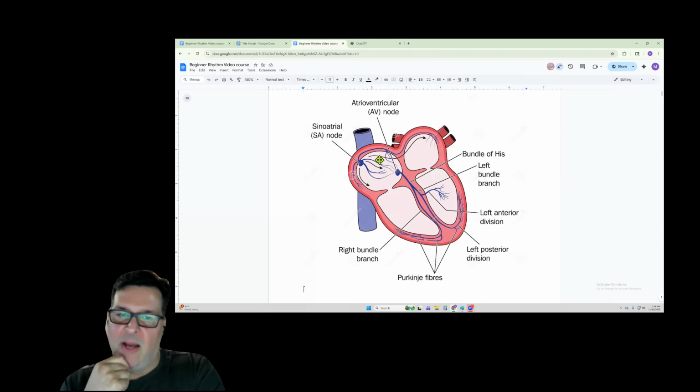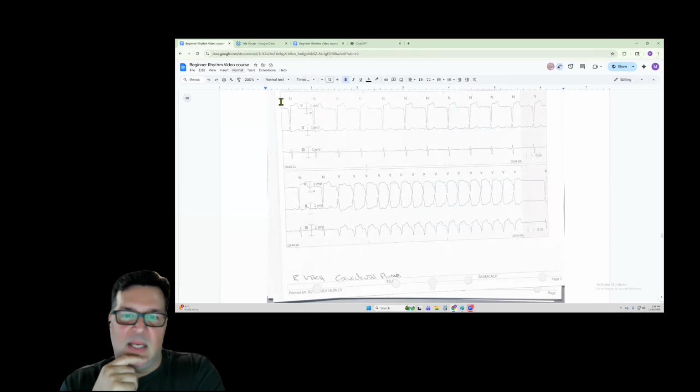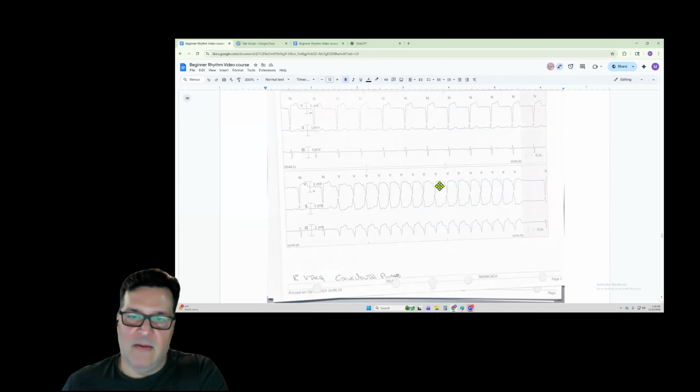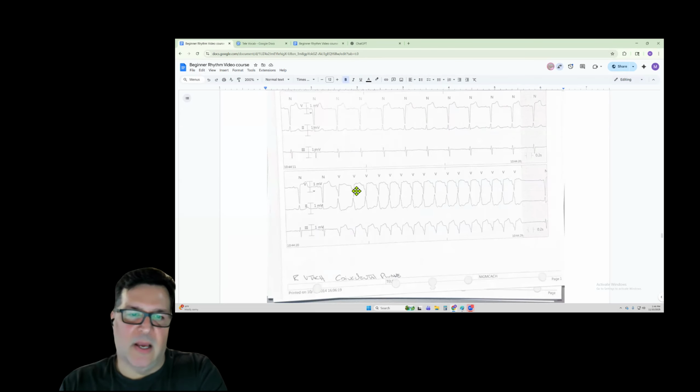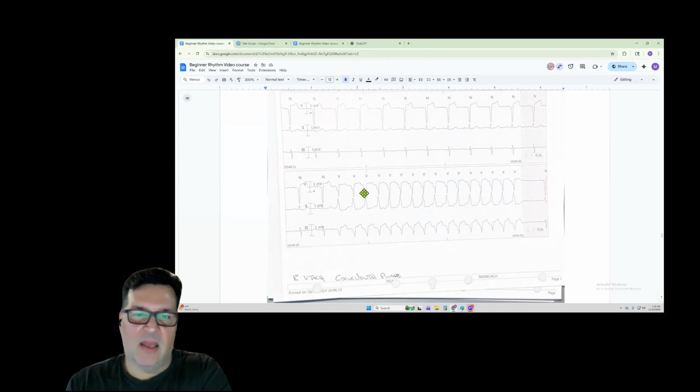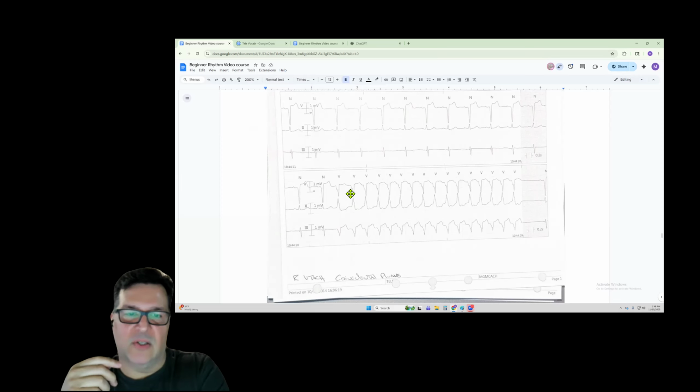So you would have a retrograde P wave, because the wave of contraction moves back up. So what you're seeing here is this P wave right on top of that T wave. That is retrograde conduction. So this impulse coming from the ventricle is going back up and telling the heart what to do. So people will say, oh, it has a P wave in there. And it's associated with this QRS. That can be VTAC. It is, because the ventricle is telling the atrial chamber what to do in this instance.